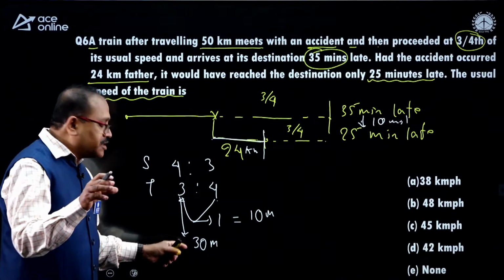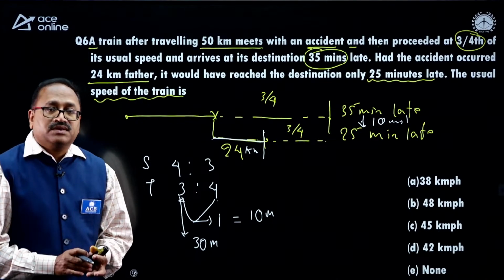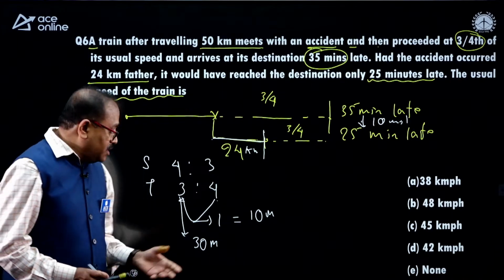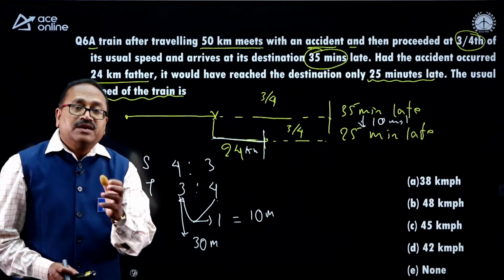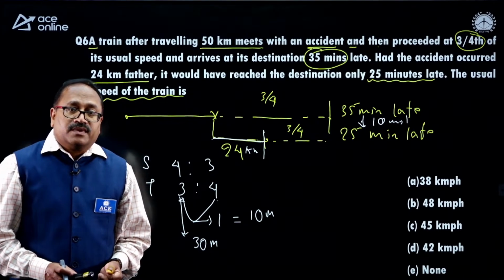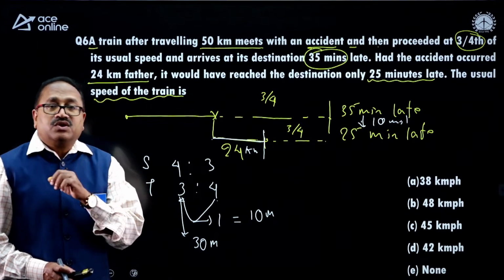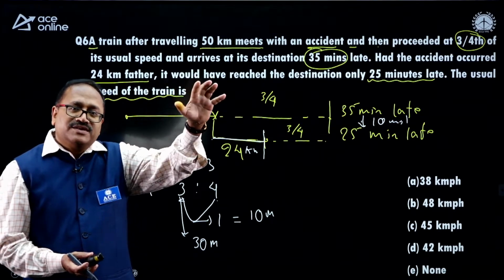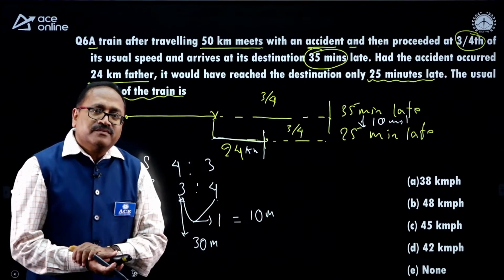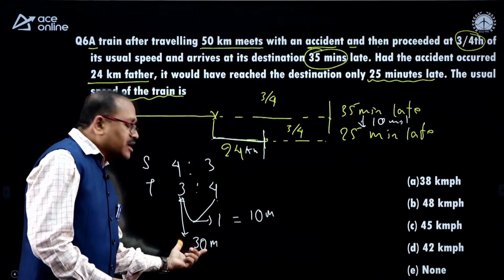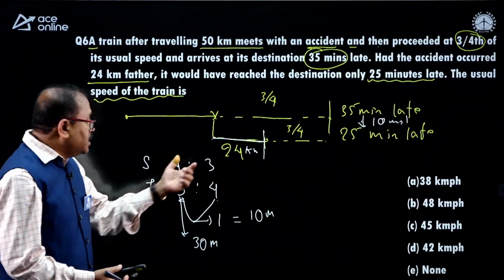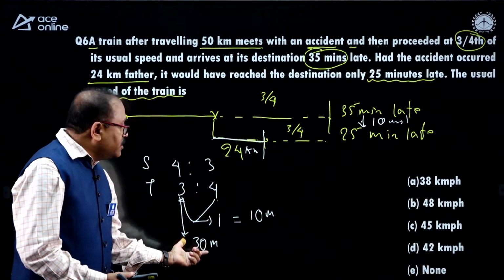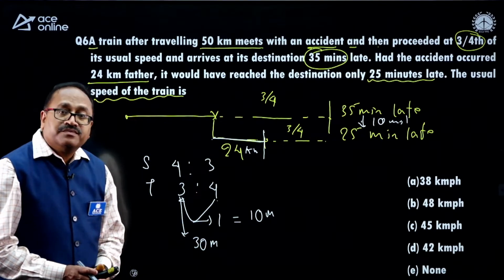How this 30 minutes for what distance? To travel 24 kilometer, it takes 30 minutes usually. So, what will be the usual speed? Speed is equal to distance by time. Here we have kilometer per hour, whereas the time is given in minutes.